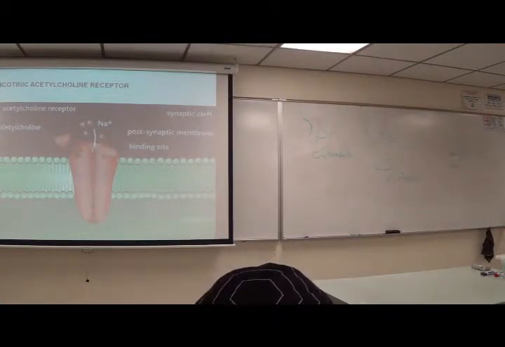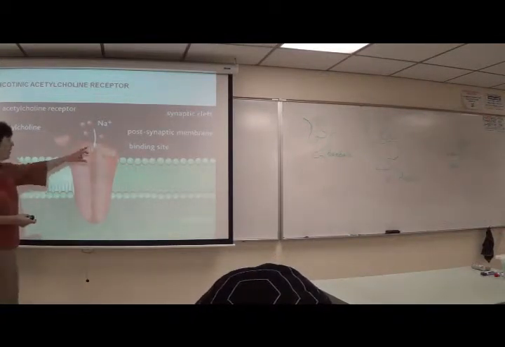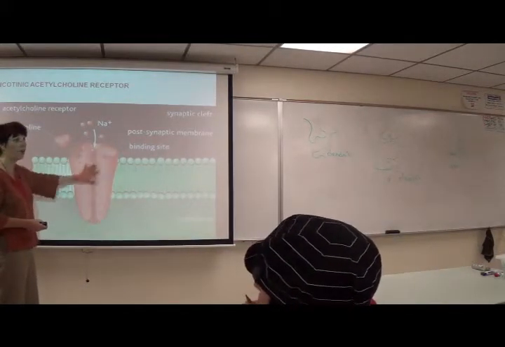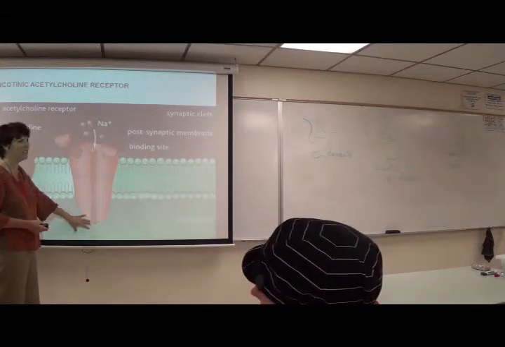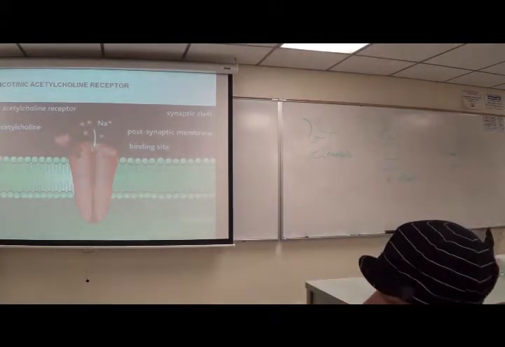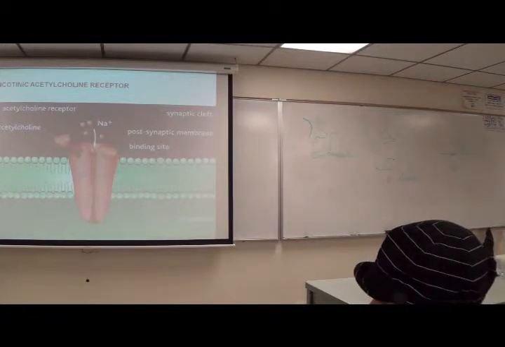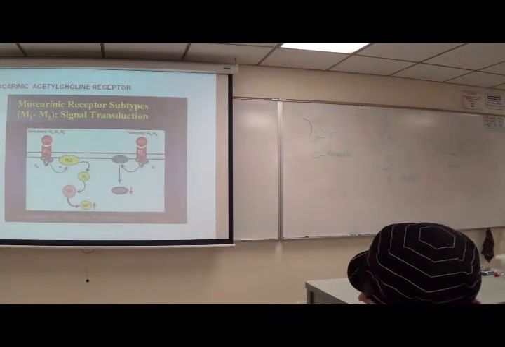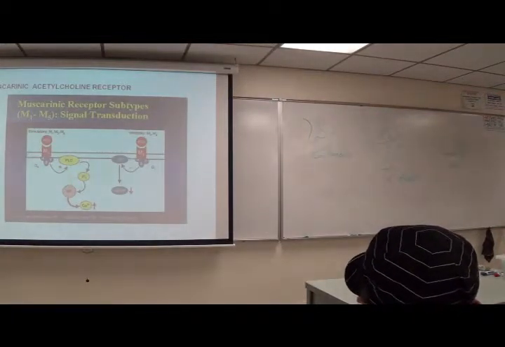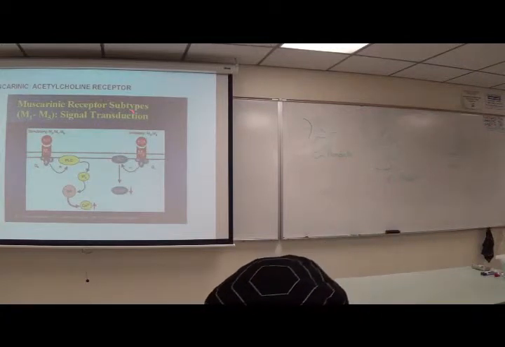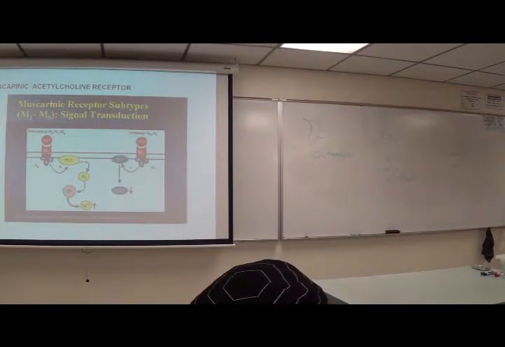Okay, we're going to talk about this on Thursday, so we're going to come back and look at this slide on Thursday. So it's going to open an ion channel. These are always excitatory. Okay, so for acetylcholine, ionotropic receptors are always excitatory. However, the metabotropic receptors may or may not be excitatory. Some can be excitatory, some can be inhibitory. The M, we'll talk about this on Thursday.